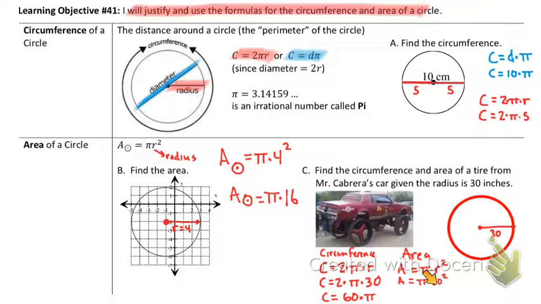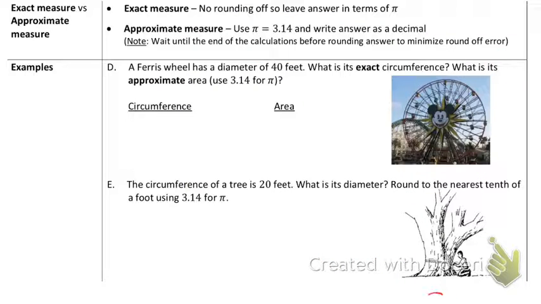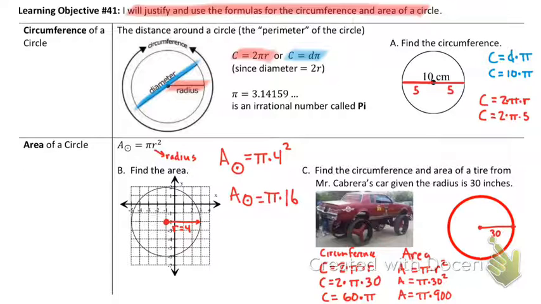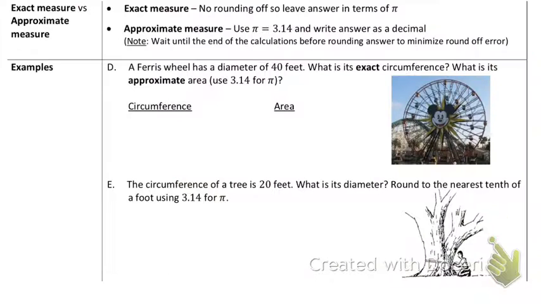We can do this math. 30 times 30 is 900. So our area is pi times 900. Again, we'll leave it like that. We'll leave it like that, and I'll show you how to compute the pi in a little bit, because there's 2 different ways. All right? Okay, so that's circumference and area formula.